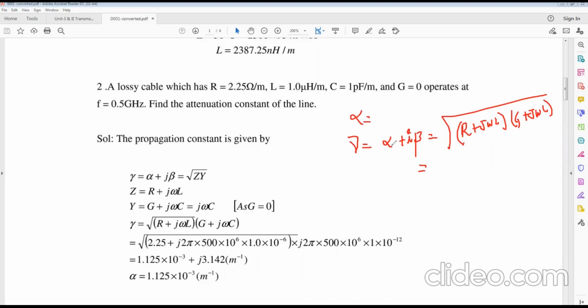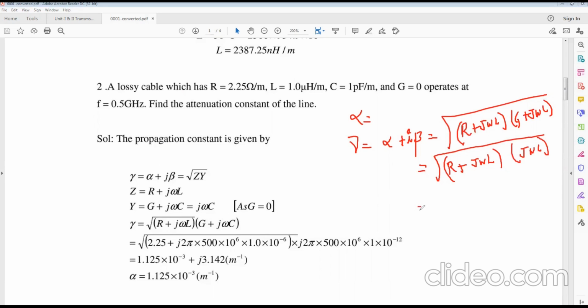Alpha is equal to the real term and the beta is the imaginary term. In these parameters, given G is equal to 0, R plus j omega L and j omega C. As G is equal to 0, it becomes j omega C. It is also under root.